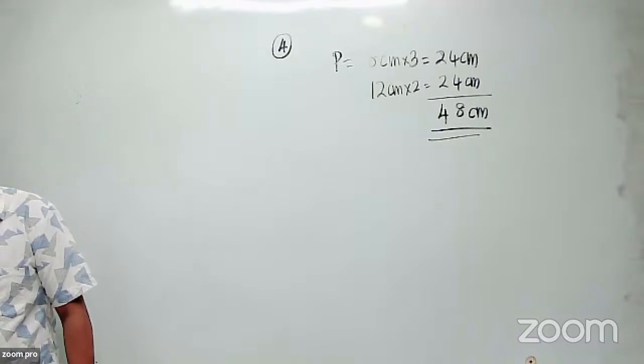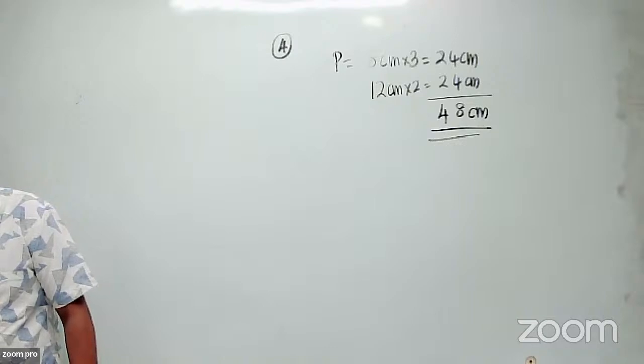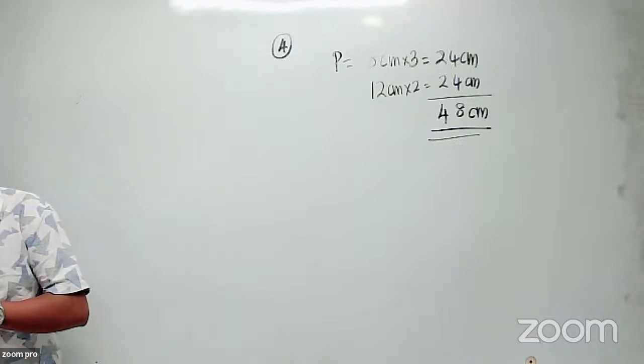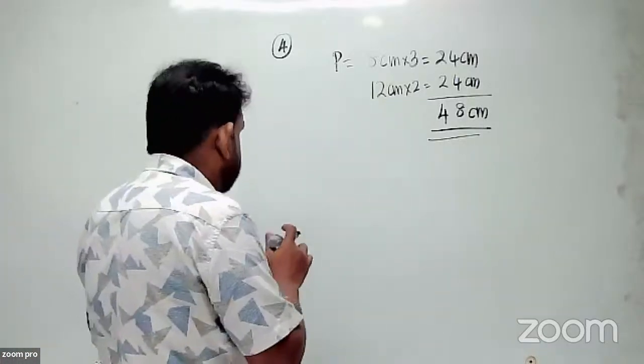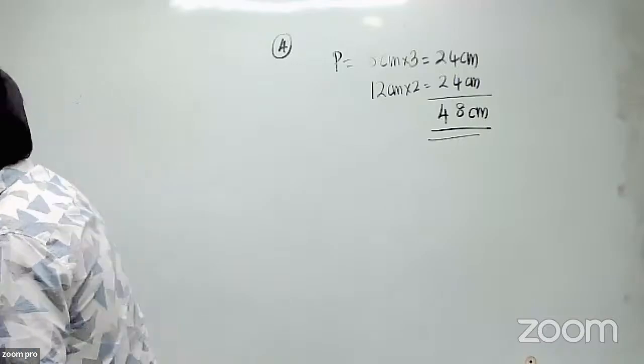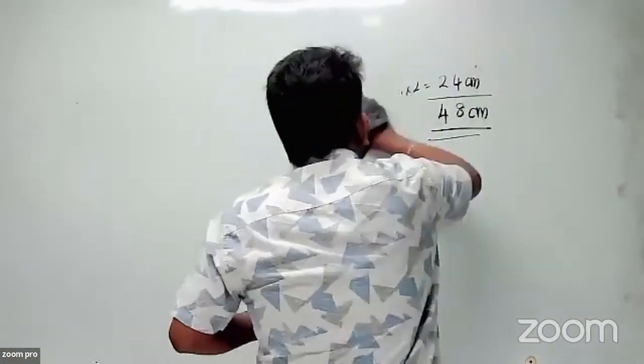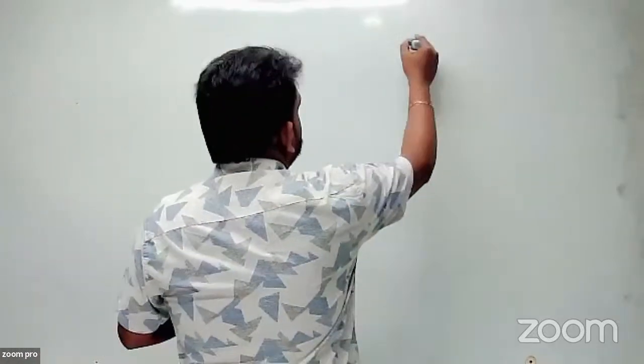Right, now we are moving to the next question. See question number 6. The midpoint of AB and BC are P and Q, given here.